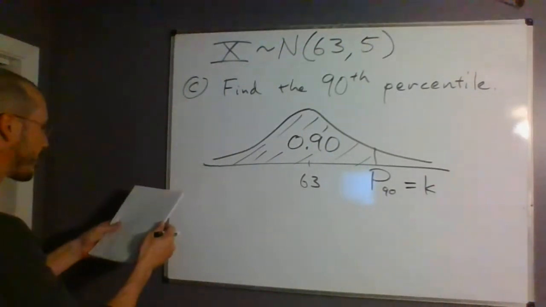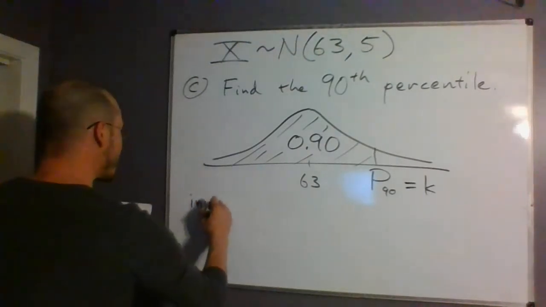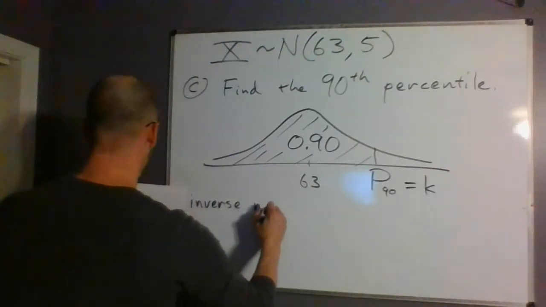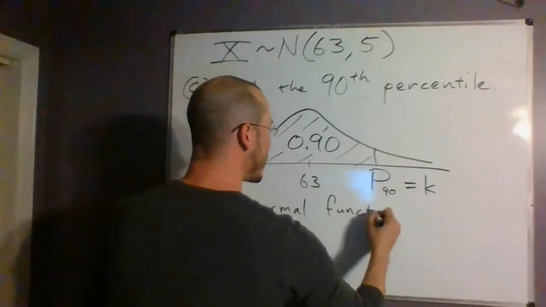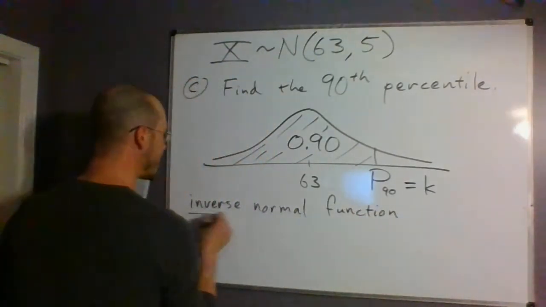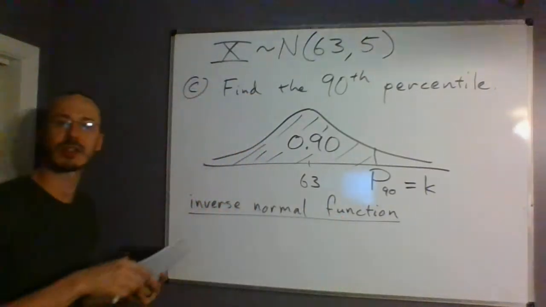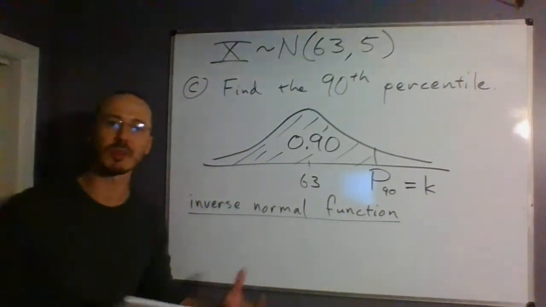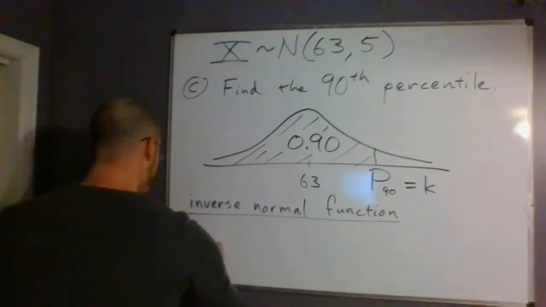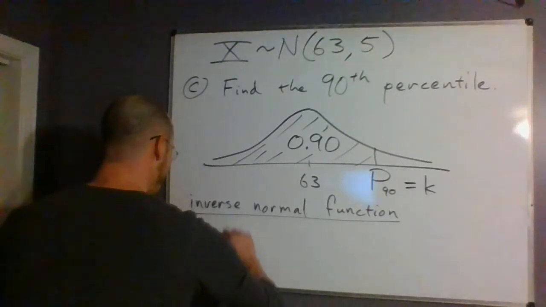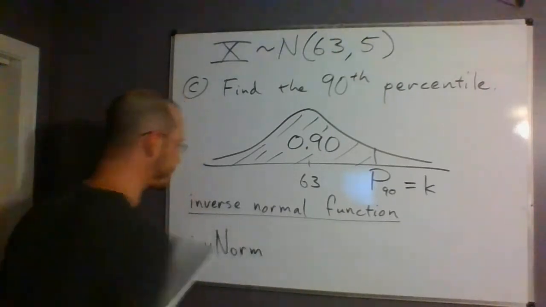But this is a different function. It's called the inverse normal function. As I said, it's in the same menu location as the normal CDF calculator function. It looks like this though. INV norm.